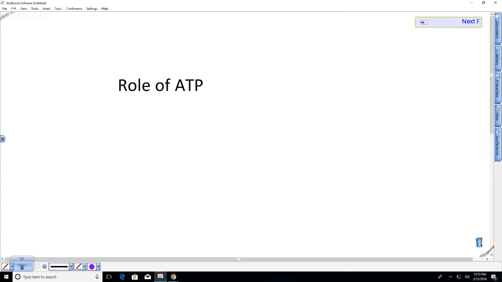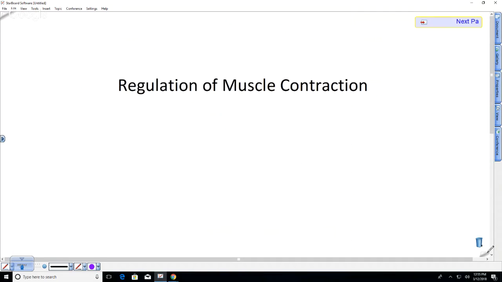So now we're going to talk about how we regulate when a muscle will contract and when a muscle will not. So this goes back to the nervous system. Remember that we have a motor cortex, and this is the conscious control of our skeletal muscle.